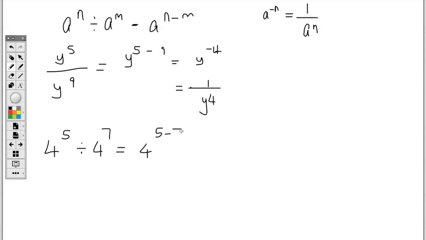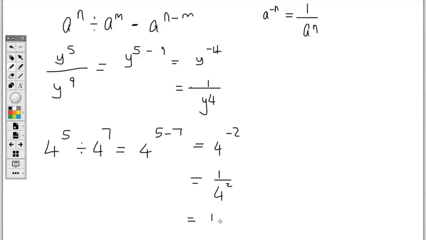So you have the first power minus the second power, and 5 minus 7, that is minus 2. Now because of the negative power, I can apply the rule, so it becomes 1 over 4 raised to the positive 2. Just applying this rule. Once you have a negative power, you can apply that rule.